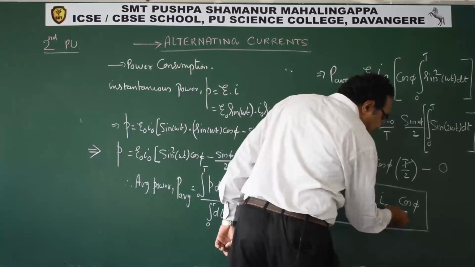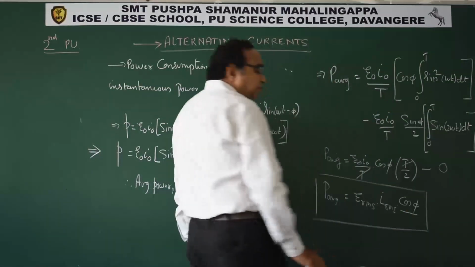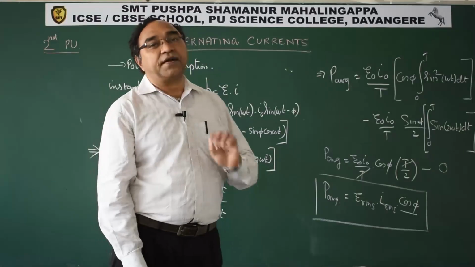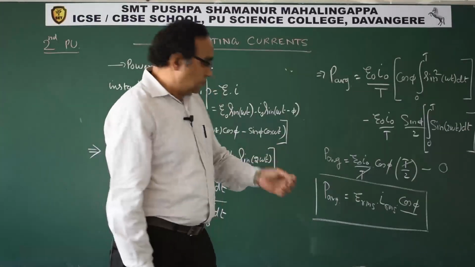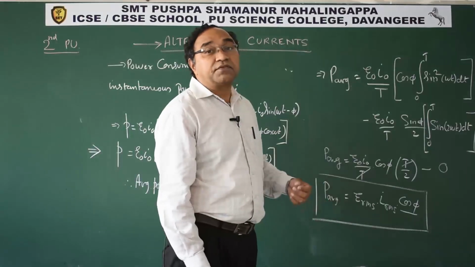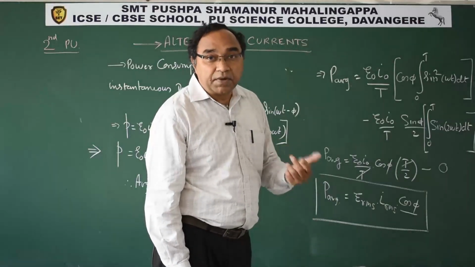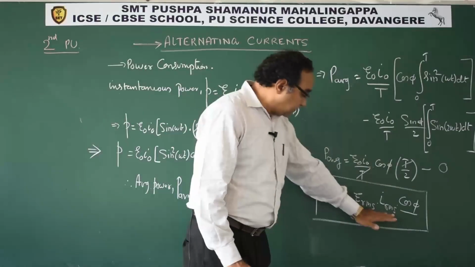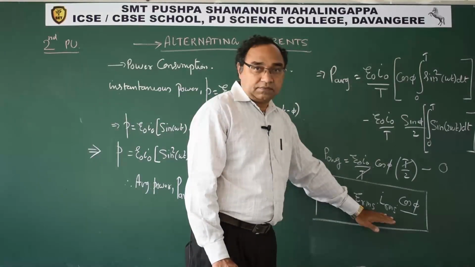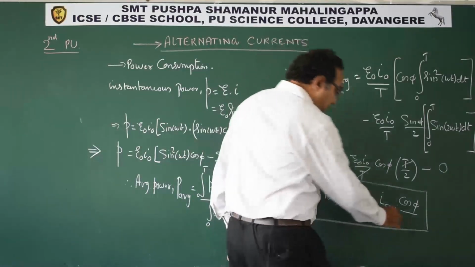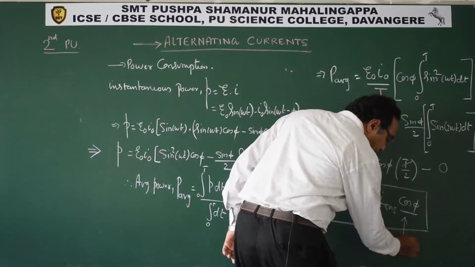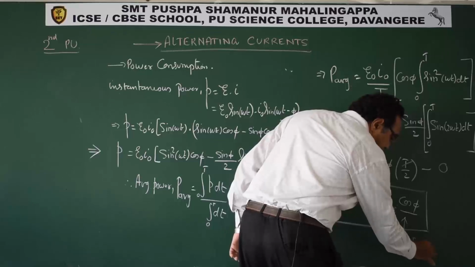E RMS, I RMS is the theoretical power, and P average is the actual power. Cos phi is known as the power factor.